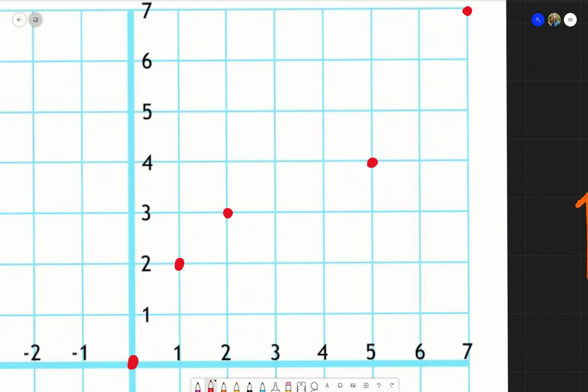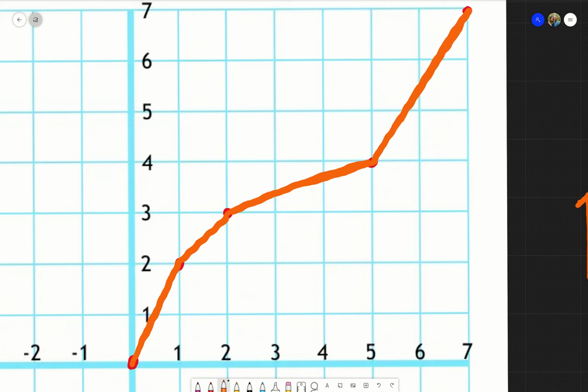So I've given you multiple different points here. And we want to find the rate of change over this graph. So let me draw my lines connecting my points. All right, and then let me redraw my points just so we can see them all nice and clear.